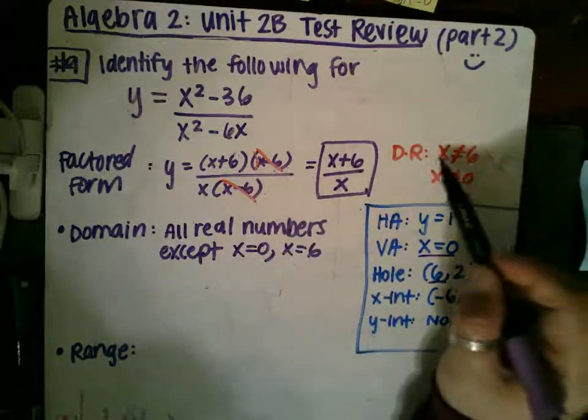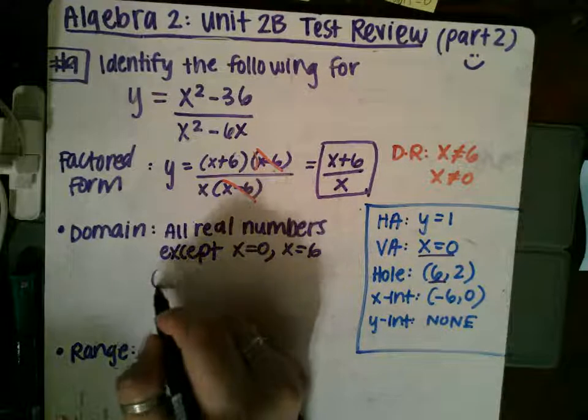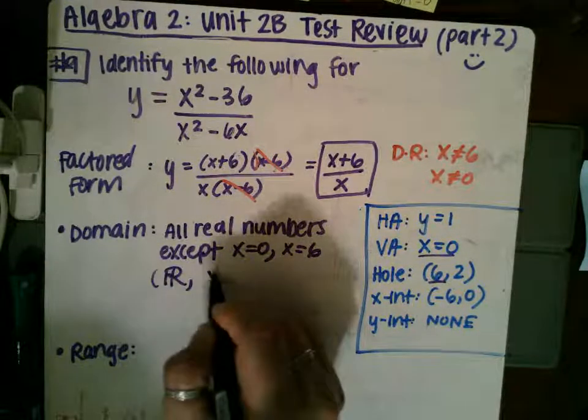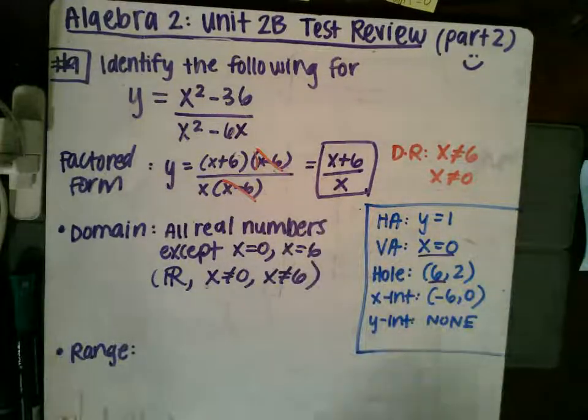And notice those are our domain restrictions anyways. And I could rewrite this as all real numbers, x cannot equal 0, x cannot equal 6. That's like the fast way.